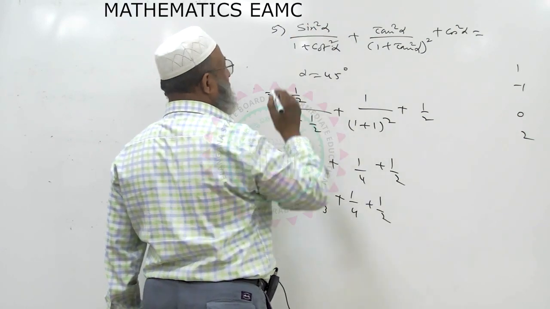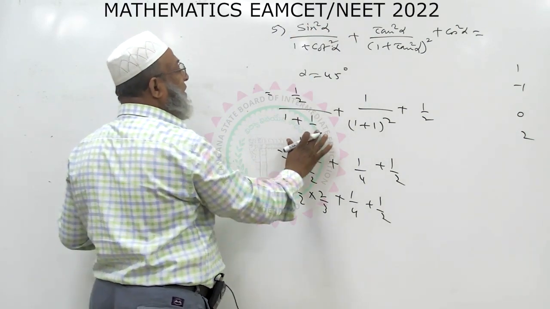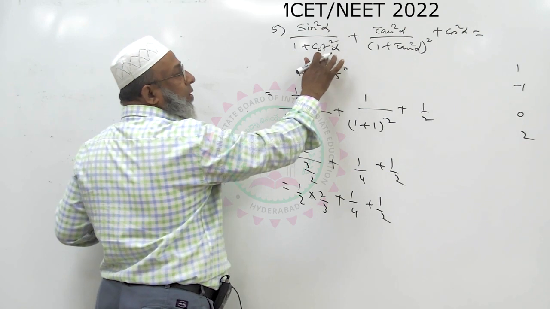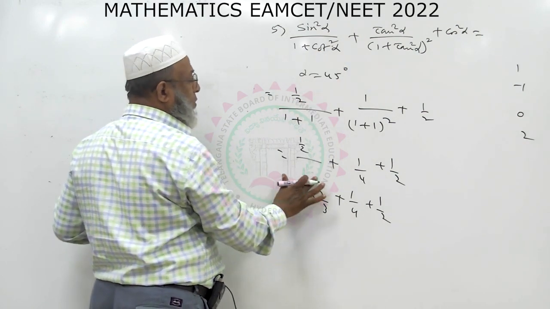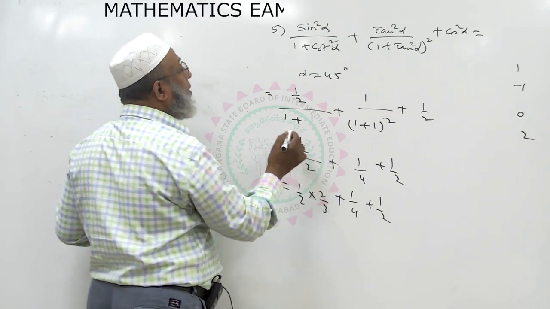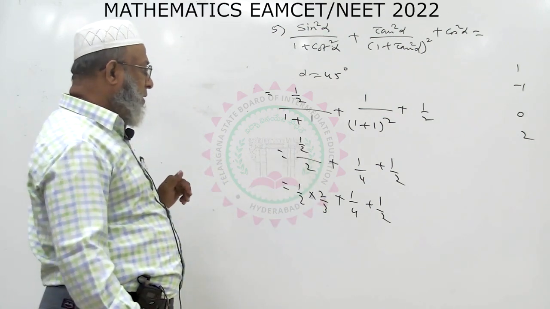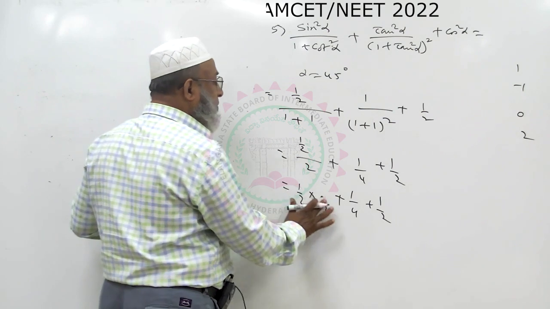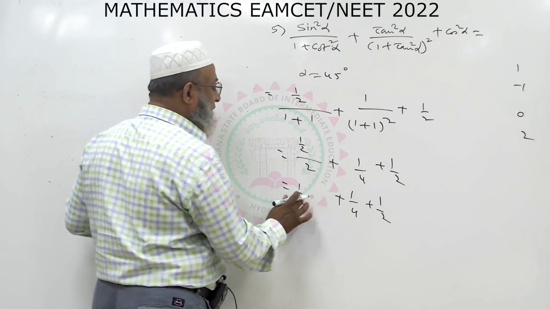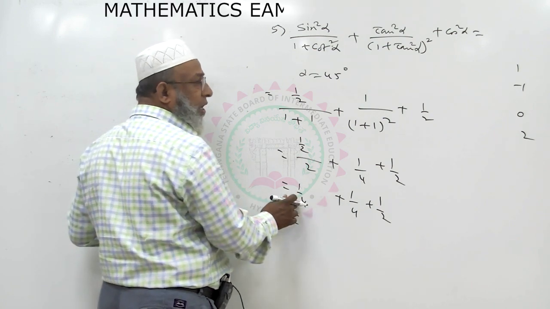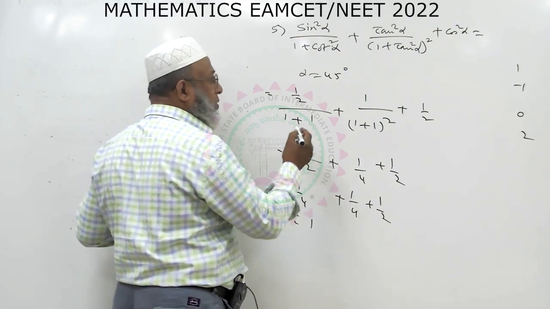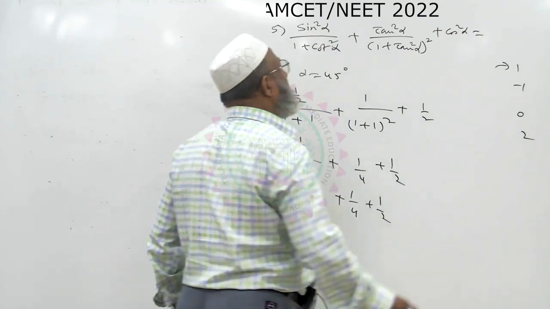Cot 45 is 1, so this is 2 only. So this becomes 1 by 4, and 1 by 4 plus 1 by 4, half plus half is equal to 1. Therefore, the answer is 1.